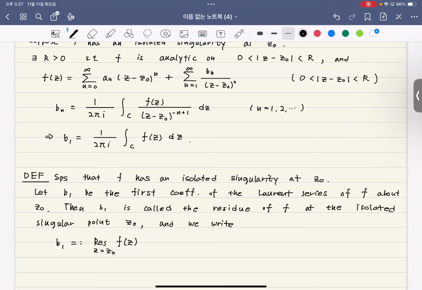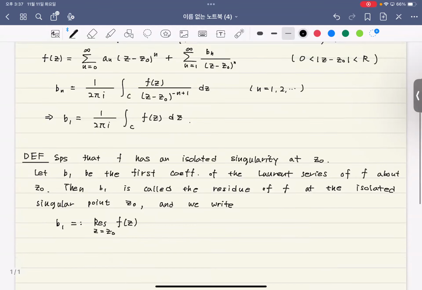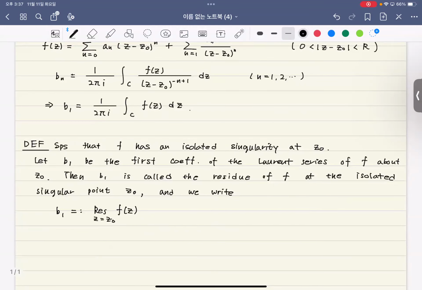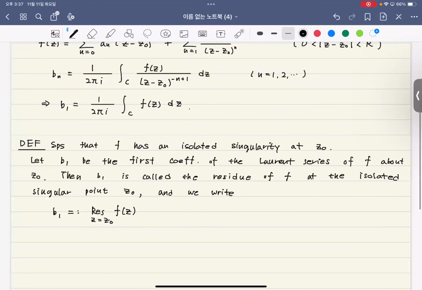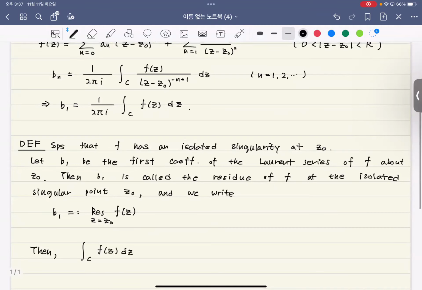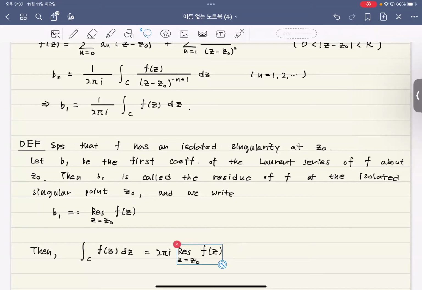So this is our definition of the residue. And clearly, then the integral of my function around the simple closed curve C is just 2 pi i times the residue.